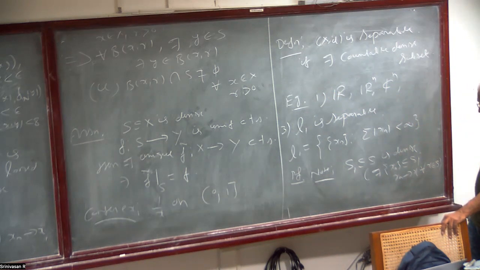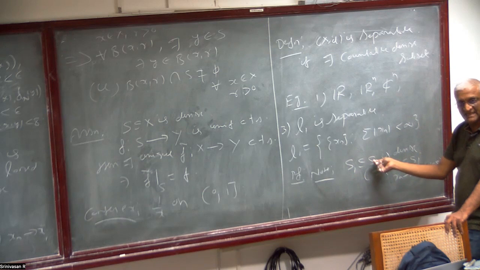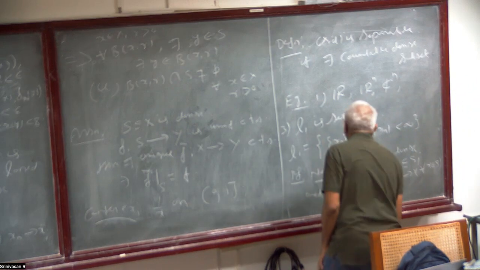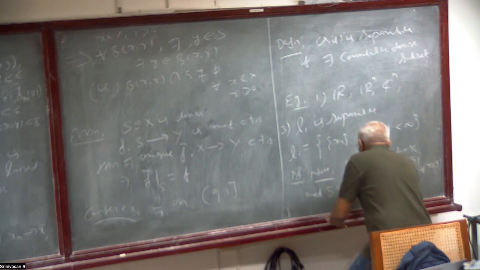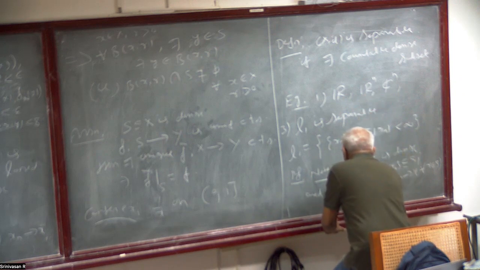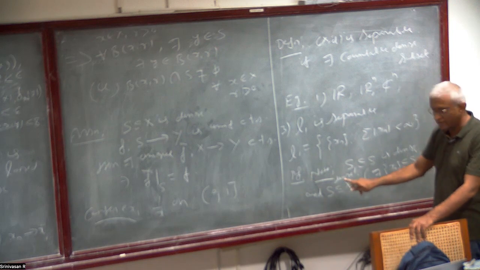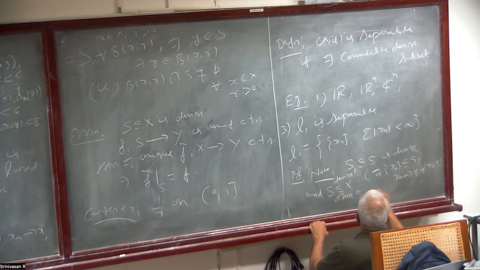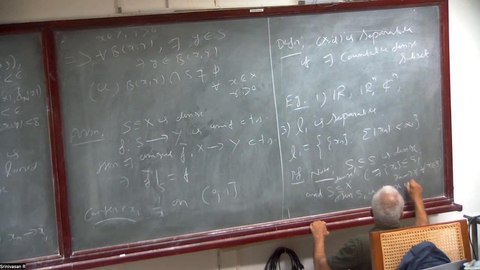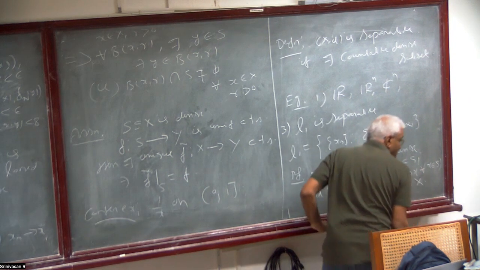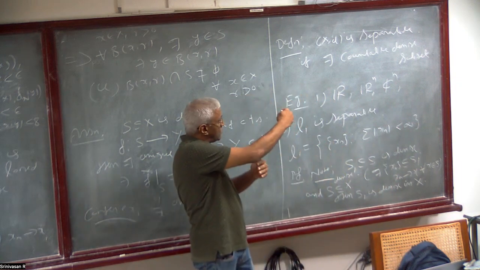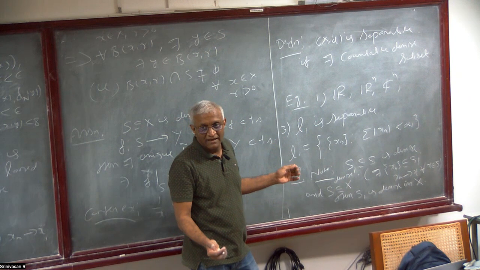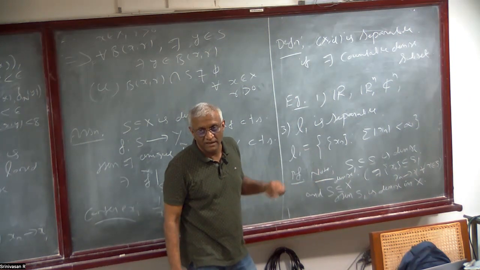So if S1 is dense in S and S is dense in some X, you usually write it with the subset and then write dense on the top. Then S1 is dense in X. If S is dense in S1 and S1 is dense in X, then S is dense in X. That is clear, an exercise.